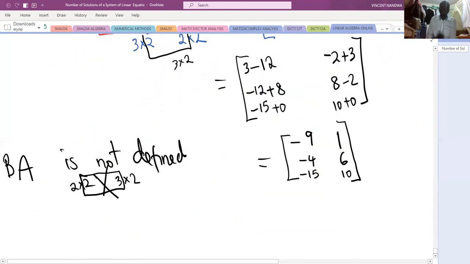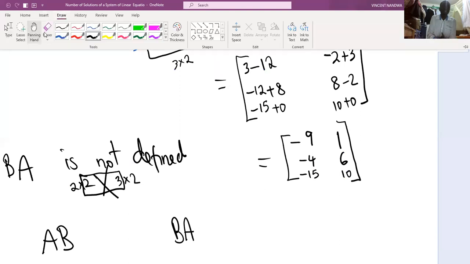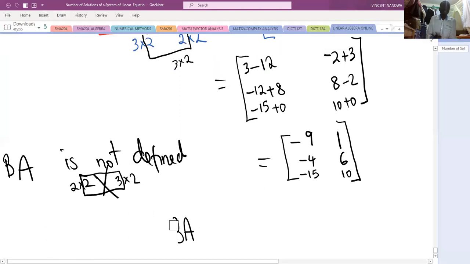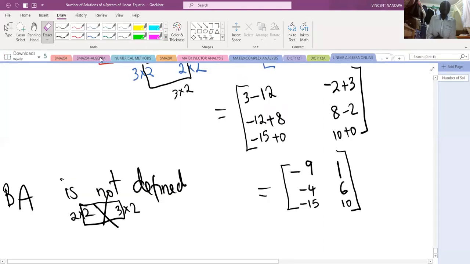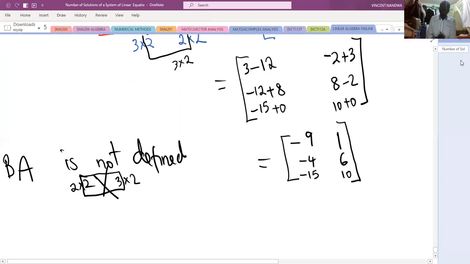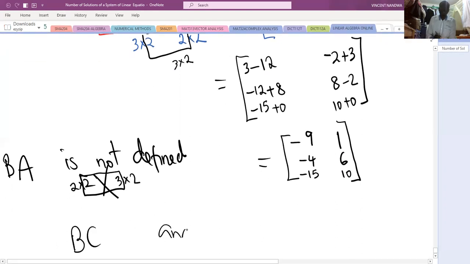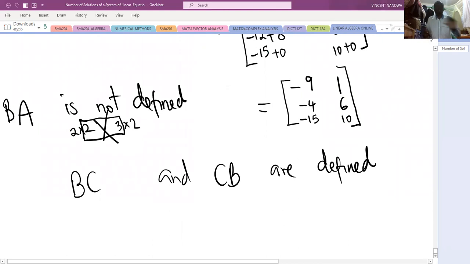But you can define BC and also CB because they are 2 by 2 matrices. BC and CB are defined since these are square matrices, so whichever order, you have the columns on the left agreeing with the rows on the right.